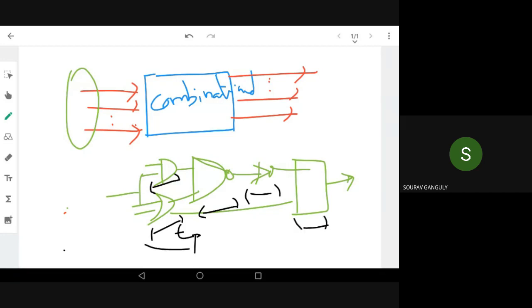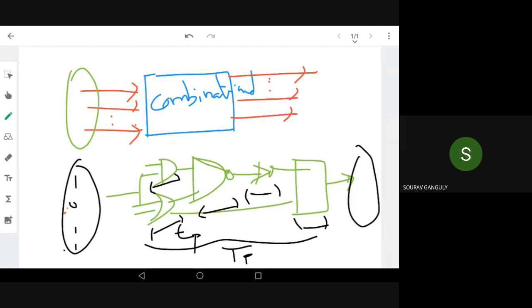The total propagation delay I call capital T, P. So my input is given here, 10011 something, and after the propagation delay of T_P, I'll surely get my output, and this output is only a function of your input. It doesn't depend on any previous input or output.